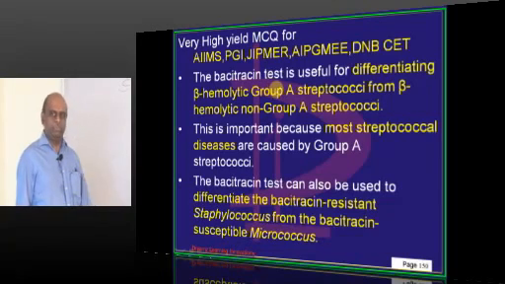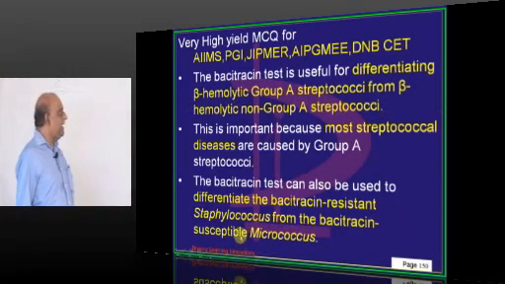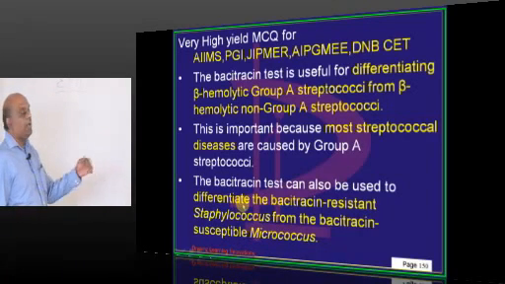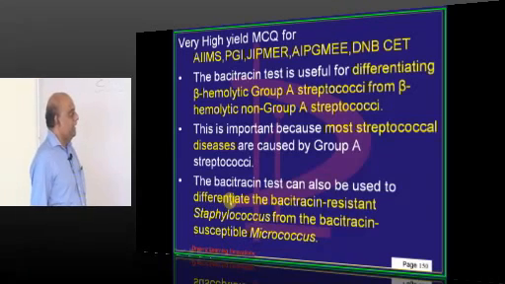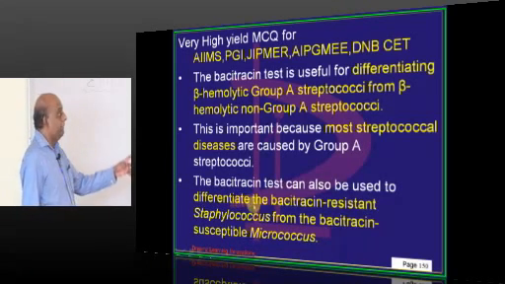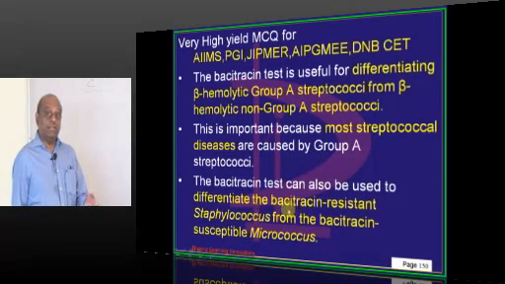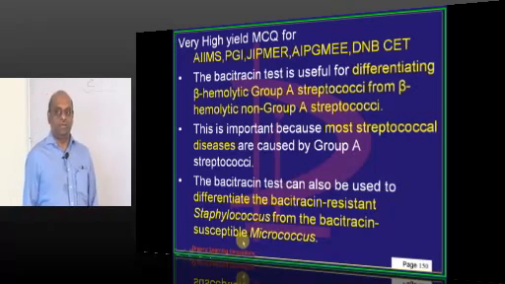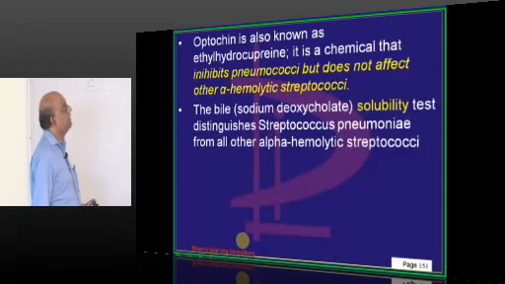Your sore throat, everything. So the bacitracin can differentiate. One more reason why we can use this, even in staphylococcus you can use. Bacitracin resistant is staphylococcus, bacitracin sensitive will be micrococcus. To differentiate staphylo from micro, also you can use it.